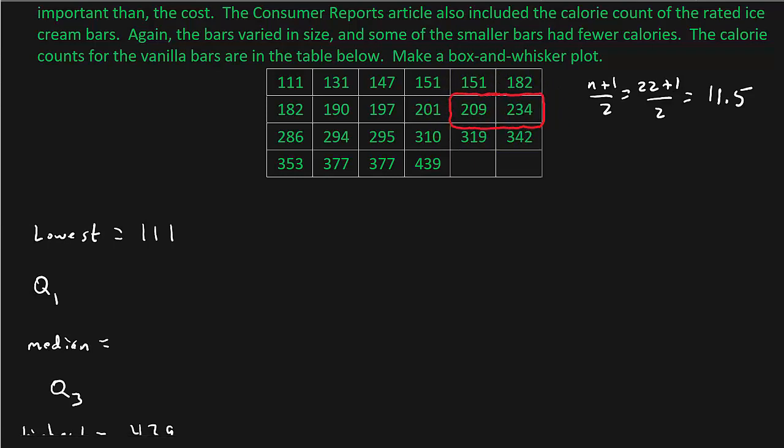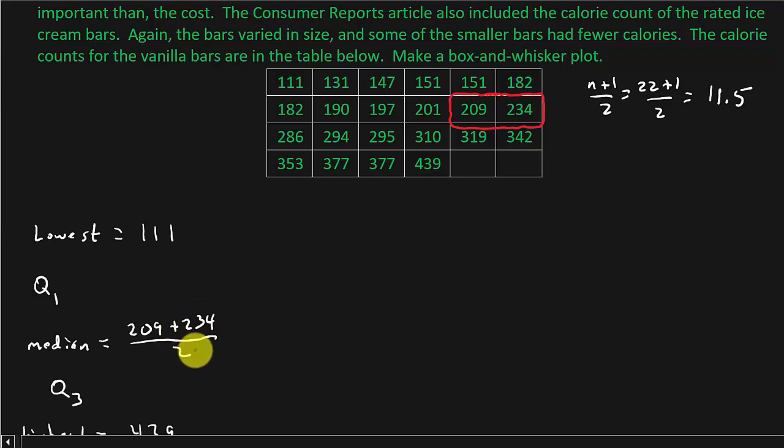And so the median is 209 plus 234 over 2. And what do we get for that? Let's see. 209 plus 234 divided by 2 is equal to 221.5. All right.